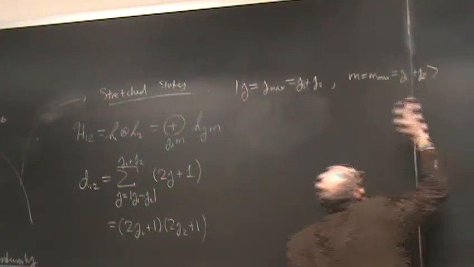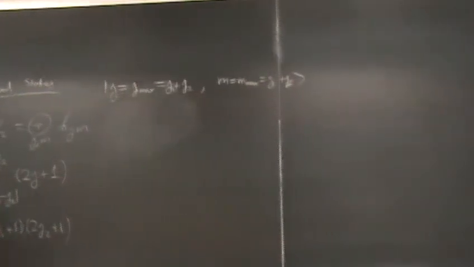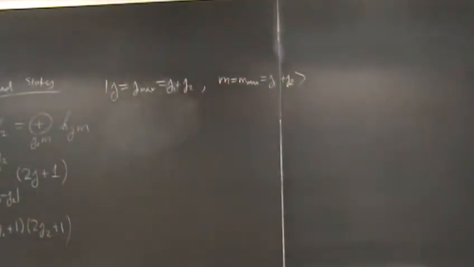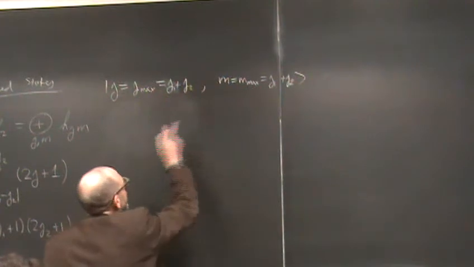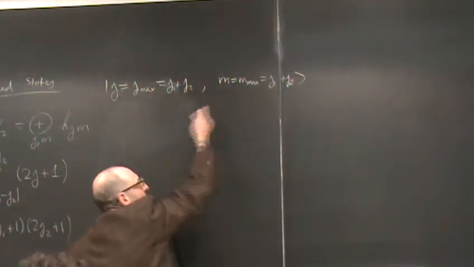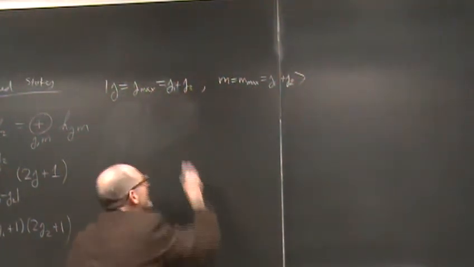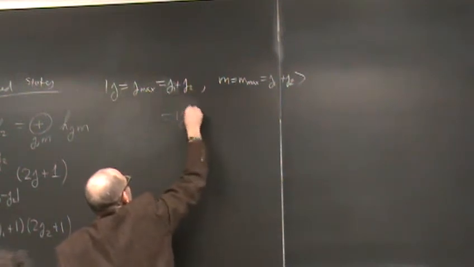So that's the state which has the maximum total angular momentum and the maximum projection on that. There's only one way to make that out of the product basis. No other state, because M1 plus M2 has to equal M, right? So that state is this state.